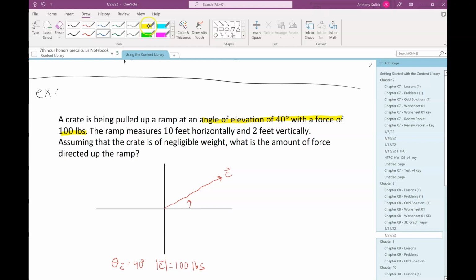It then says the only other piece of information is that the ramp measures 10 feet horizontally and 2 feet vertically. Well, I guess that must be my second vector somehow. So if I drew that on my picture, like 10, 2 might be like that.